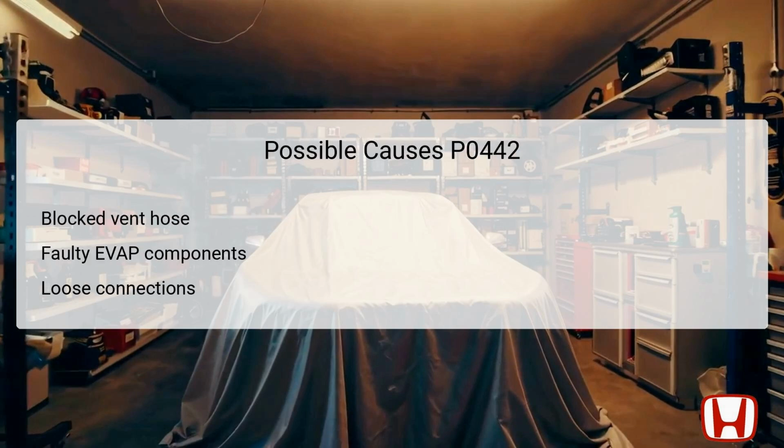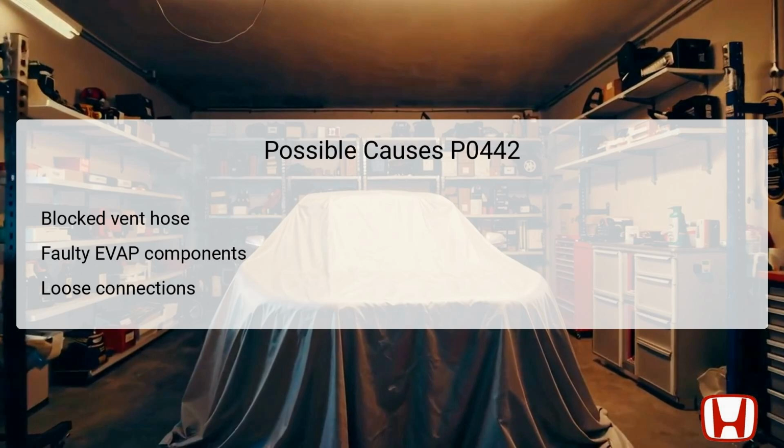There are several factors that could cause the DTC P0442 to trigger. First, a blocked or restricted vent hose may prevent the proper flow of vapors, leading to a pressure imbalance that triggers the fault code. Examining this vent hose is crucial, as blockages can often be found due to debris or corrosion.